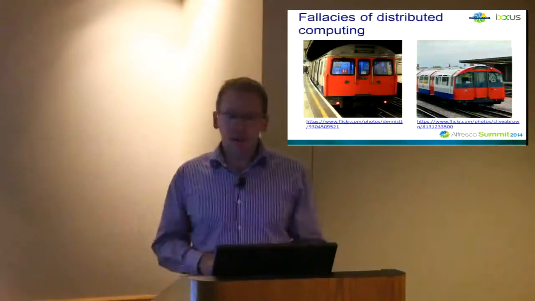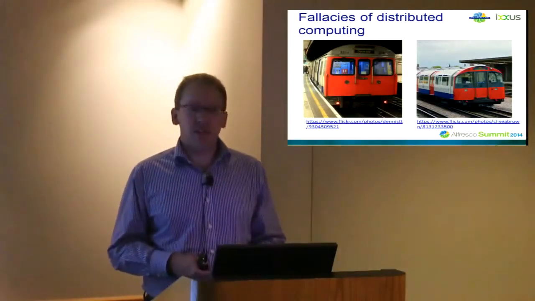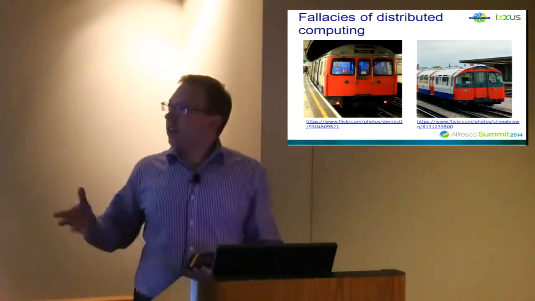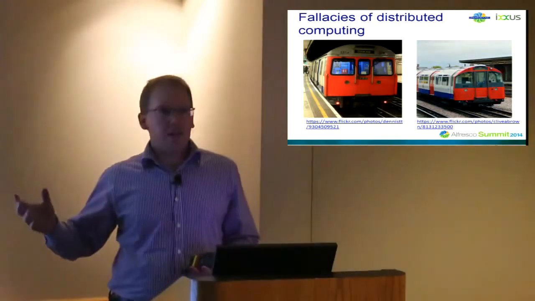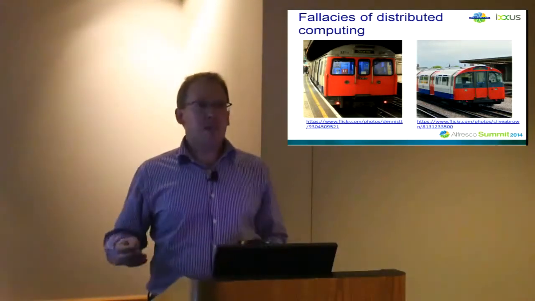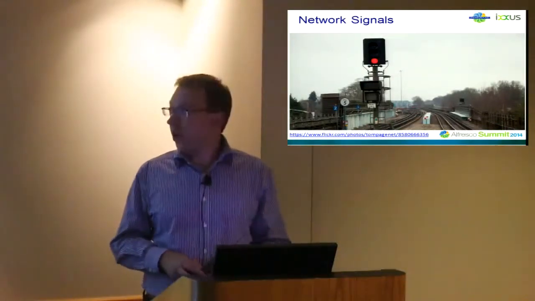And when we're deploying distributed Alfresco clusters, we have to think about some of the fallacies of distributed computing. And as I said, there were different companies that ran the underground, so there were different styles of trains because some were cut and covered and some were drilled with tube, circle.